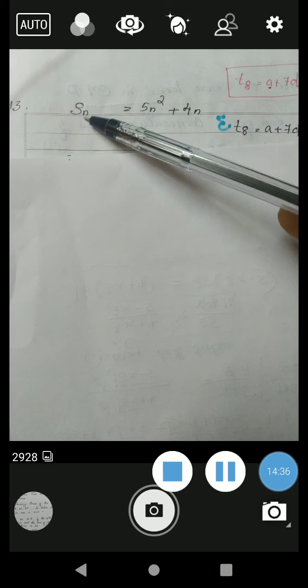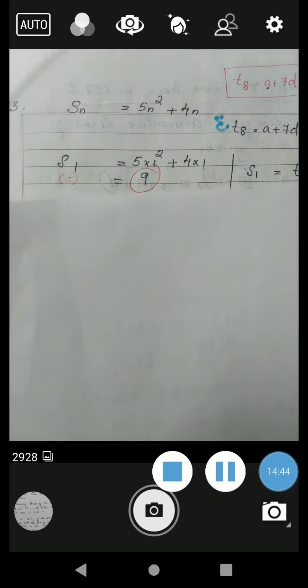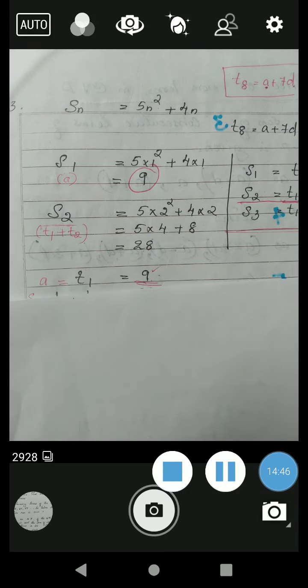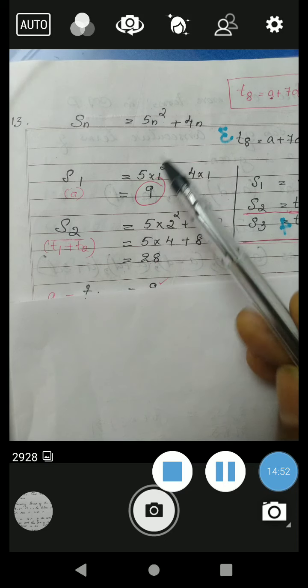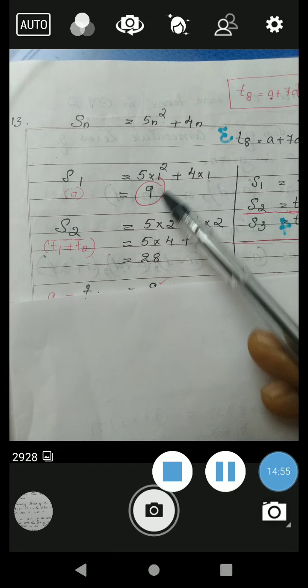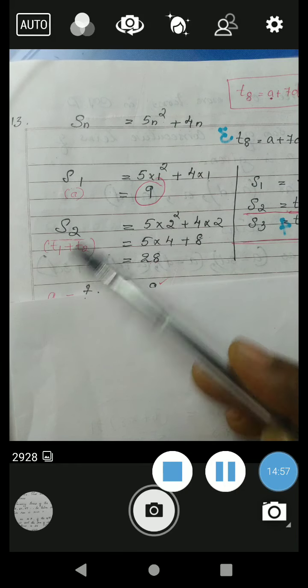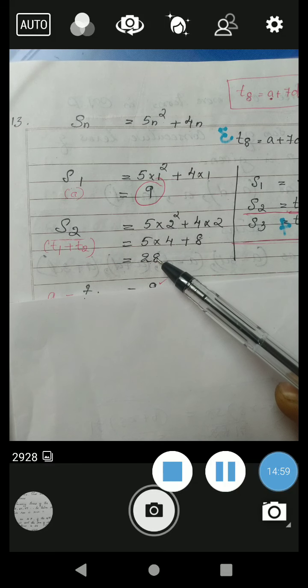Actually the sum of one term is the first term itself. And S2 is the sum of first term and second term. S3 is the sum of first, second and third terms. Like this, you can find S1, S2 and S3. S3 is not needed. So, when you substitute n is 1, you will get S1 is 9. S2 is T1 plus T2, that is 28.